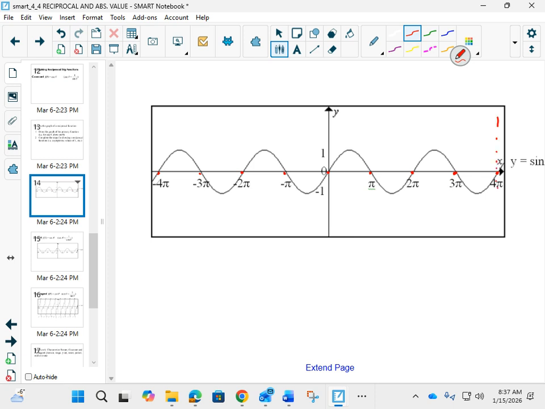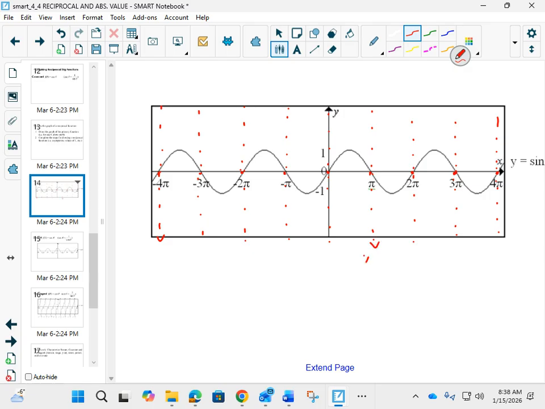Obviously, there's going to be nothing that cancels out with the top because the top is 1. So all of these x-intercepts on the reciprocal graph will become vertical asymptotes. So we have a lot of them, and then we continue on forever.